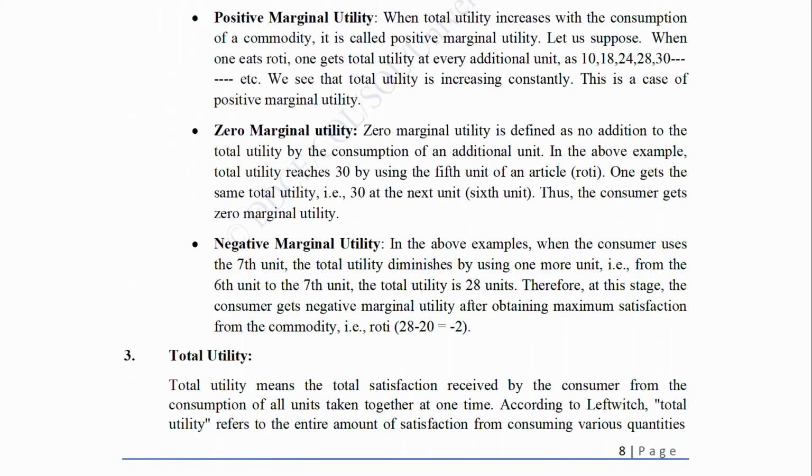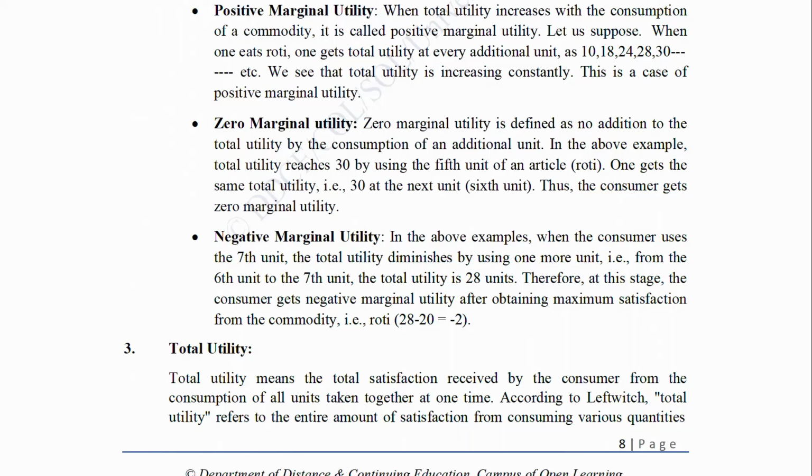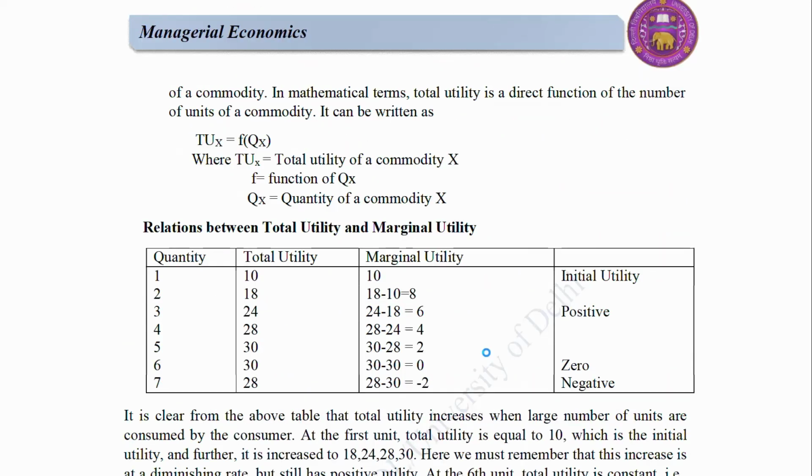Third, total utility. Total utility means total satisfaction received by the consumer from the consumption of all units taken together at one time. According to Leftwich, total utility refers to the entire amount of satisfaction from consuming various quantities of a commodity.